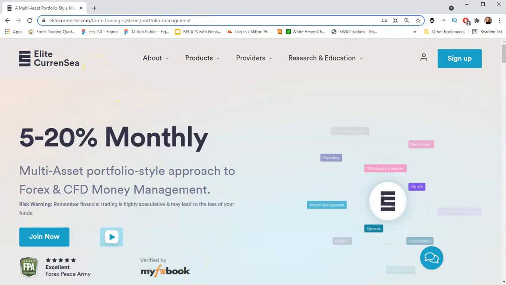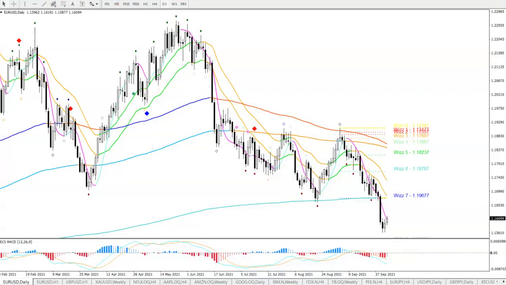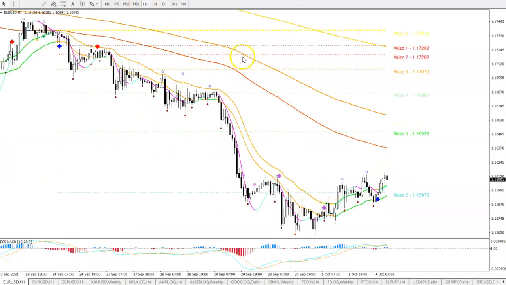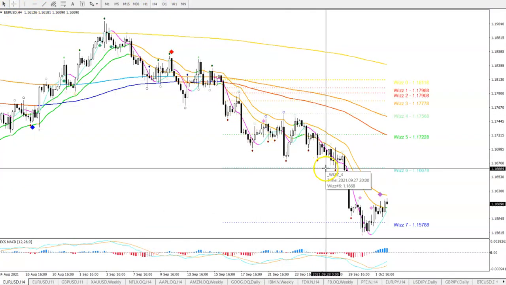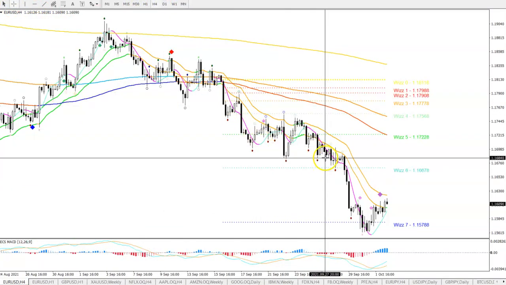So let's take a look at the euro dollar daily chart. It is making a bounce finally at around 115.75, but the breakout was certainly strong. We were looking at a breakout below the 88.6 fib and the 117 level.